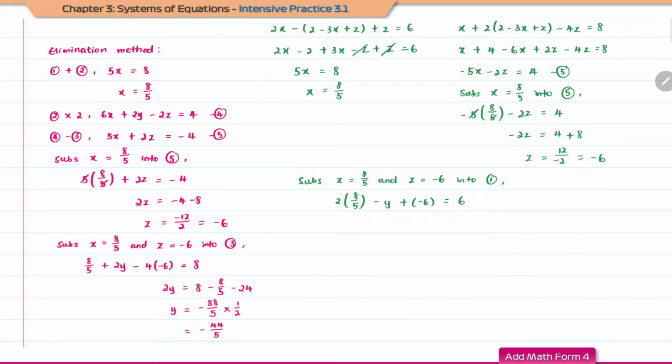So here you're going to have 16 over 5 minus y minus 6 equal to 6. So here I'm just going to move this negative y to the other side and then this 6 to the other side. So it will be 16 over 5 minus 6 equal to y. So here, this one you just solve it by your calculator, then you're going to get y is equal to negative 44 over 5.